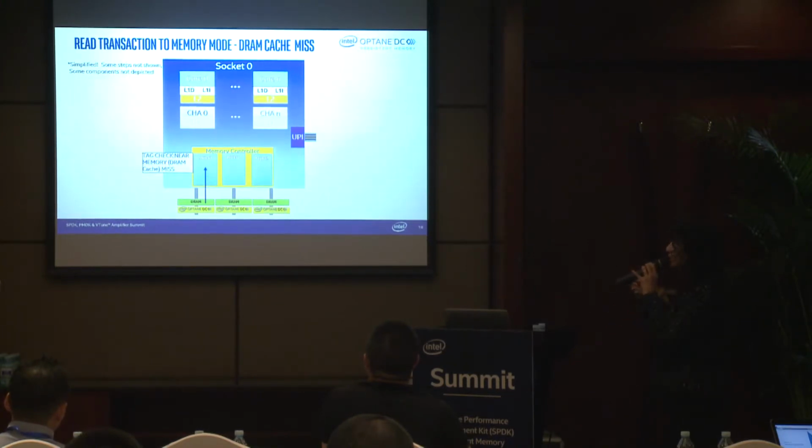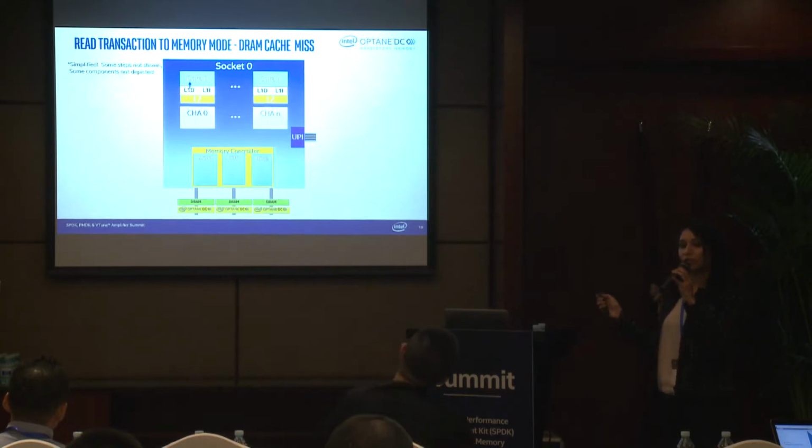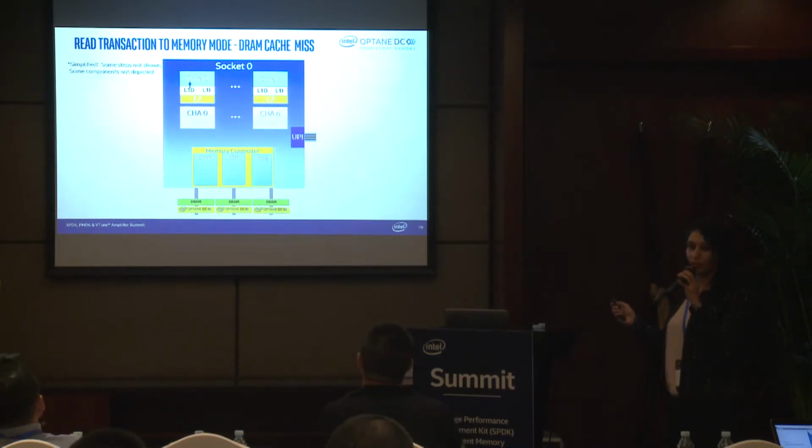So the request is sent again to the Intel Optane DC persistent memory, and the data is retrieved and sent back to the core. The key takeaway here is, if you miss in the DRAM cache, your latency is going to be the DRAM latency plus your Intel Optane DC persistent memory latency. So you want to optimize your application to make sure that you have more hits in your DRAM cache.